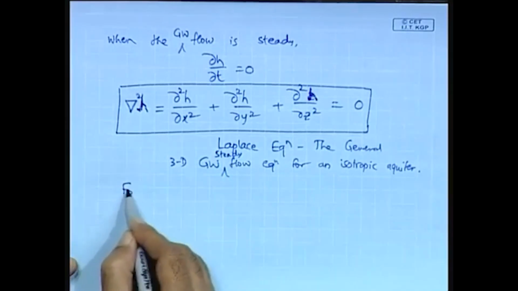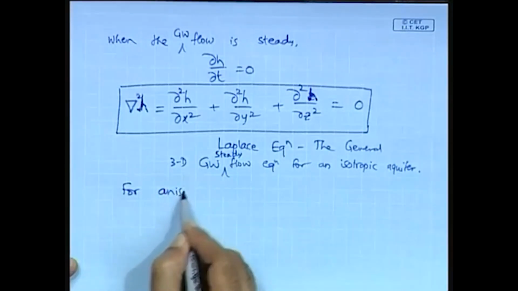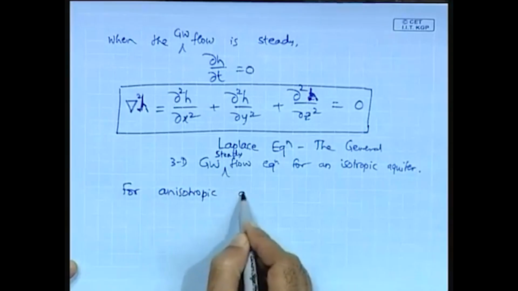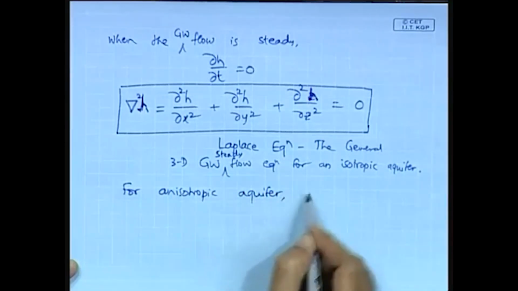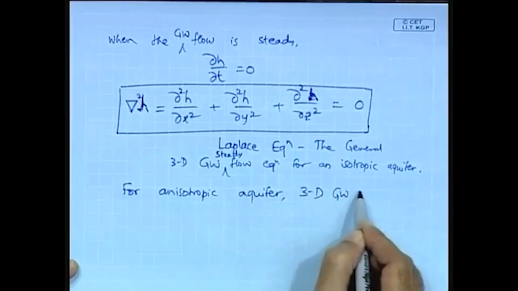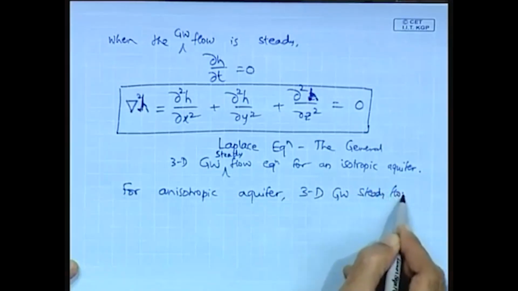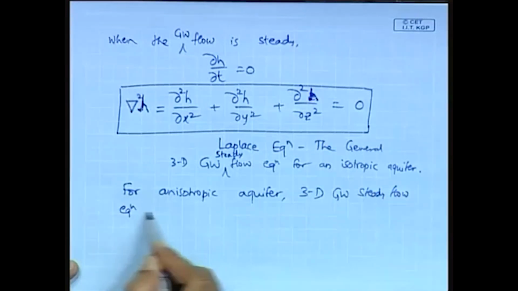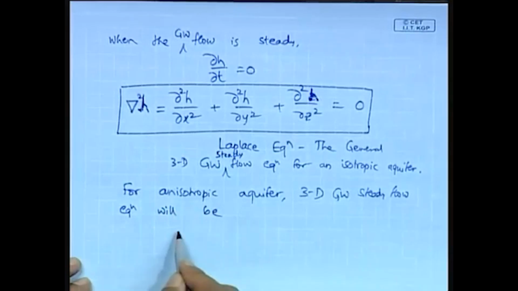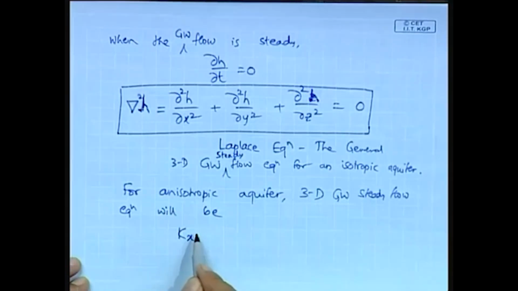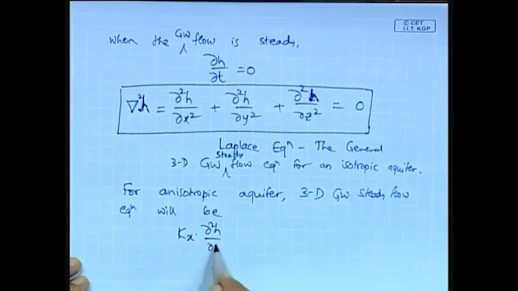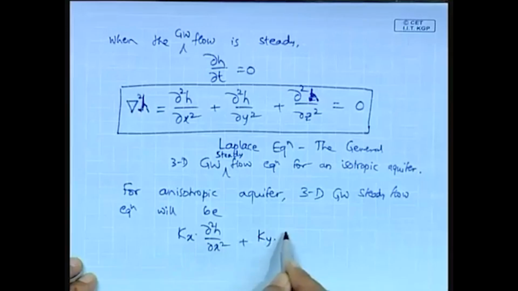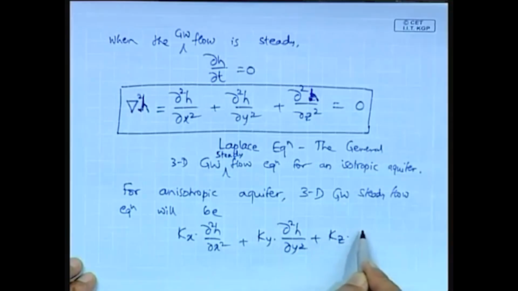So, for an anisotropic aquifer, the 3D groundwater steady flow equation will be Kx into d square h by dx square plus Ky into d square h by dy square plus Kz into d square h by dz square, this is equal to 0.